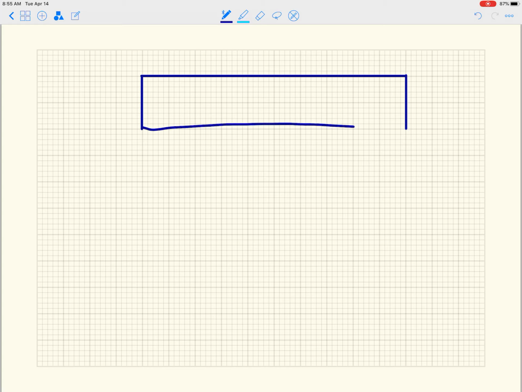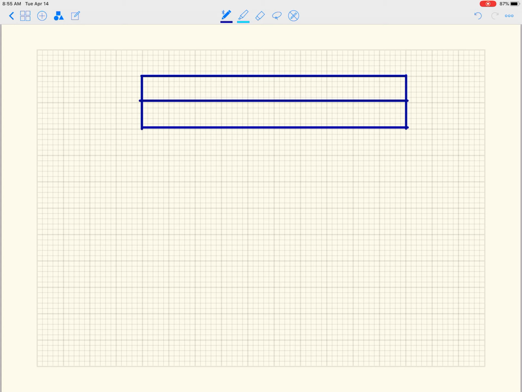So if I'm going to do this guy in blue, if I just put two boards on top of one another like this, so that's my cross section, right? And I simply support it, and let's say I add some sort of load here in the middle.